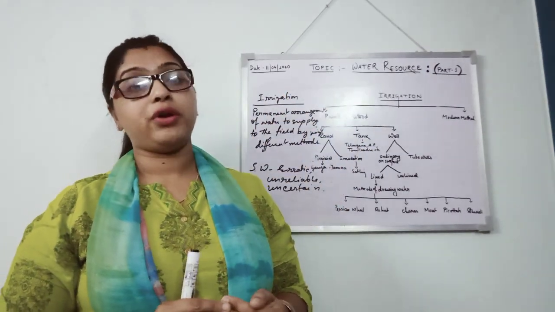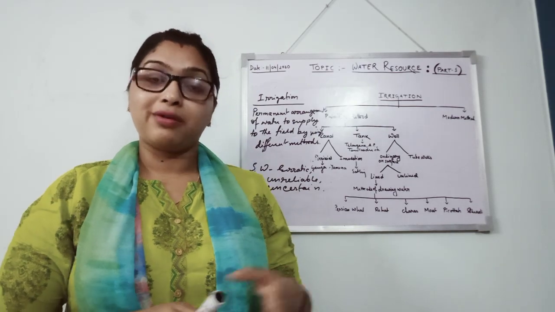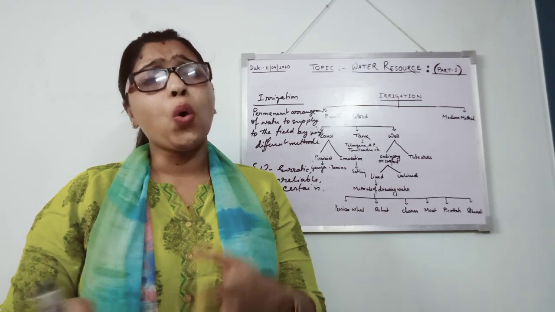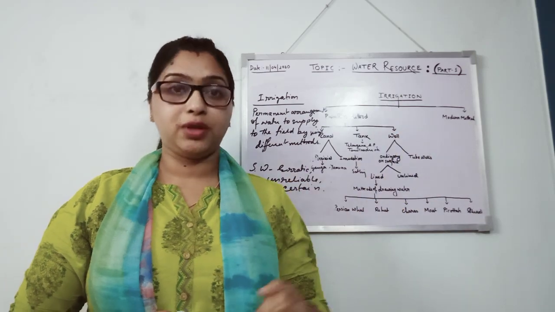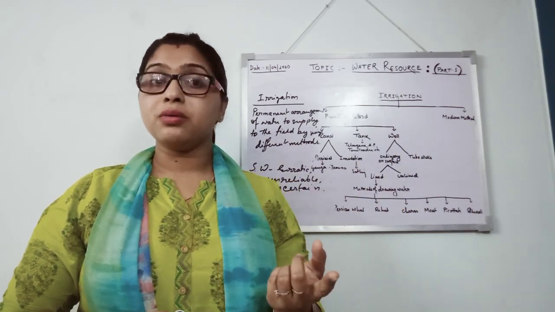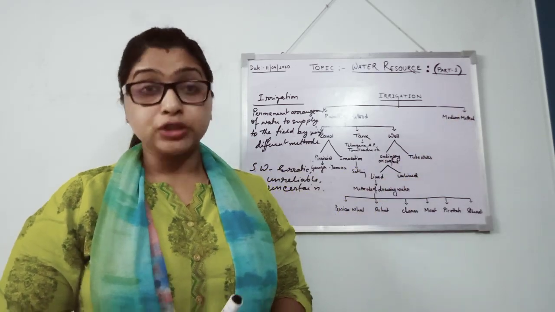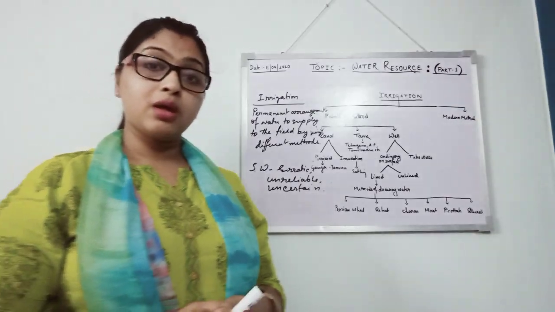Primitive means those which we have been using from ancient times in different ways, these are age-old methods, and modern means whatever we are using today. In my next video I will share information about the modern methods. So today I will tell about the primitive methods.